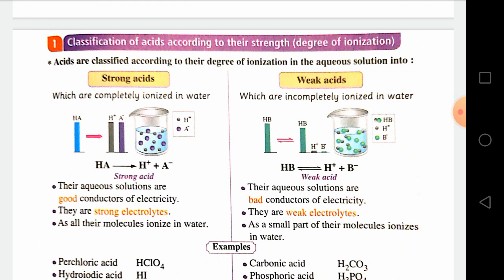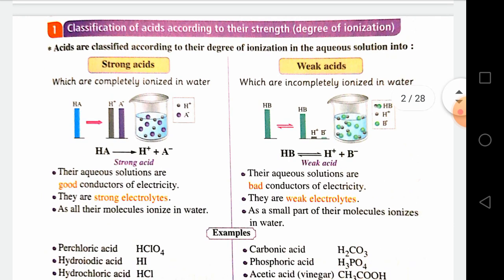If the acid is completely ionized in water, it is called a strong acid, and the equation of ionization is written with one arrow indicating the product.